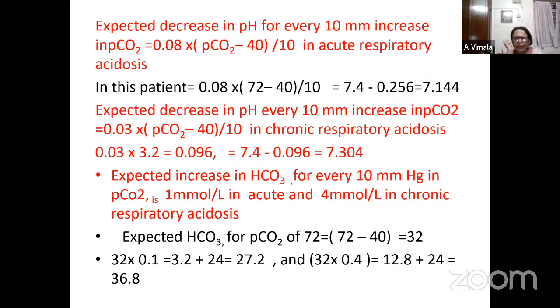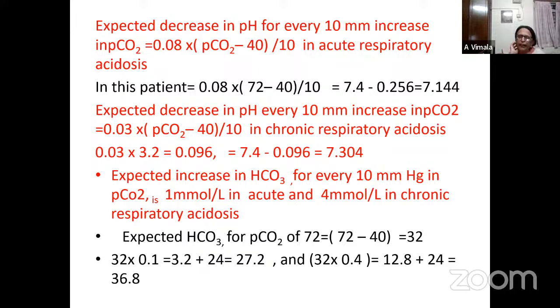Now, let us see what is the compensation you expect for a respiratory acidosis. There are two components to it. First, you have to find out for this PCO2, the pH is moving in the correct direction.